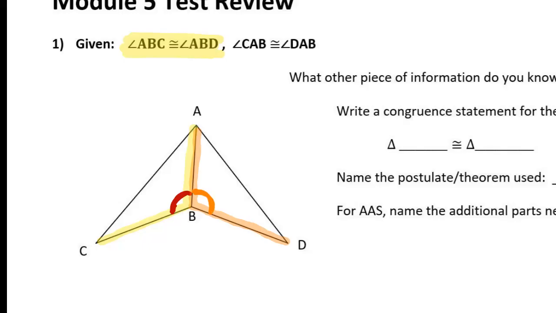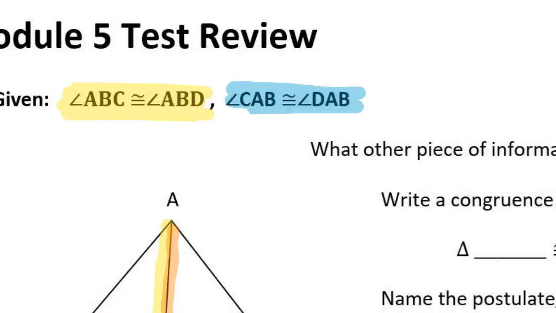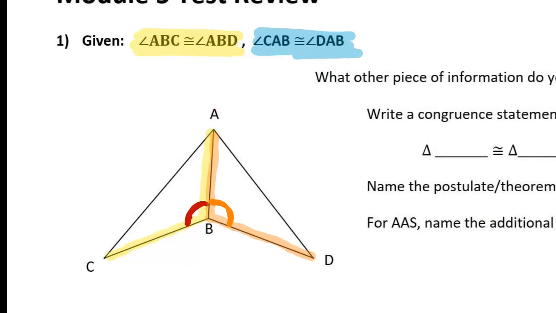So it says that those two angles are congruent. And then it also says that angles CAB and DAB are congruent. CAB, that's this angle up here, and DAB, that's this angle right here.